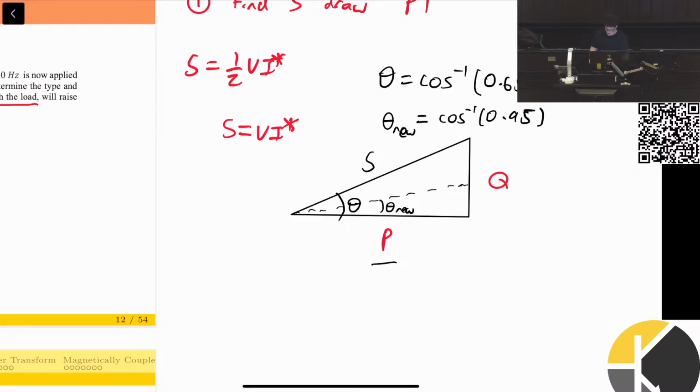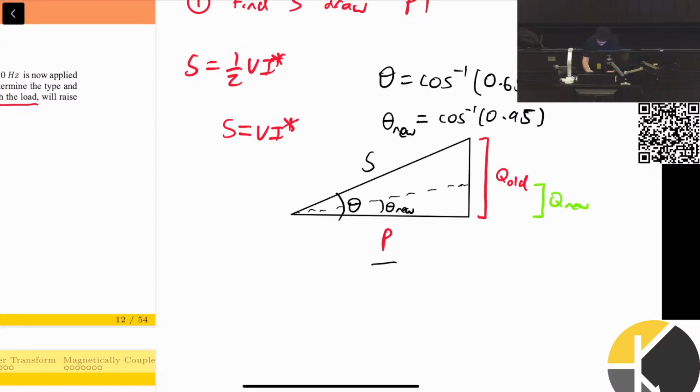I'm going to label these just so you can see. We've got this Q old, and then we have Q new.